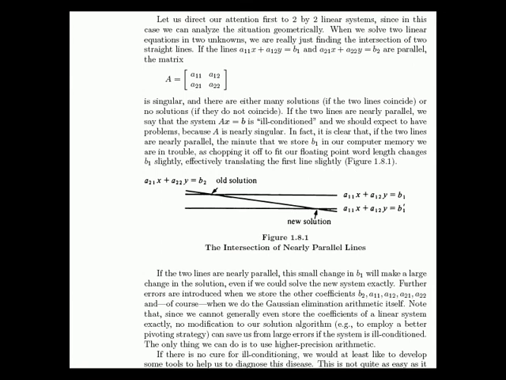In matrix algebra, you learned that for a square system of n equations and n unknowns, if the matrix is singular, there's either no solution or many solutions. If the matrix is non-singular, then there's always a unique solution no matter what B is. So basically, there are good matrices and bad matrices.